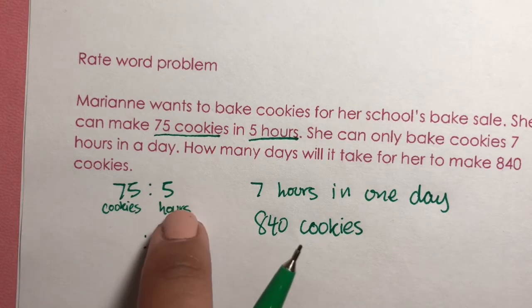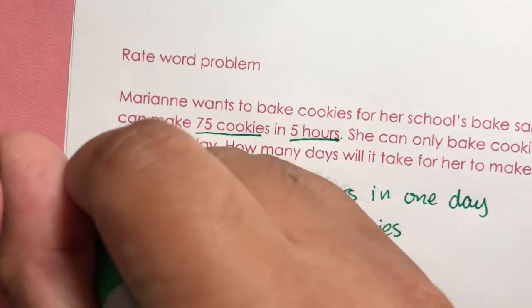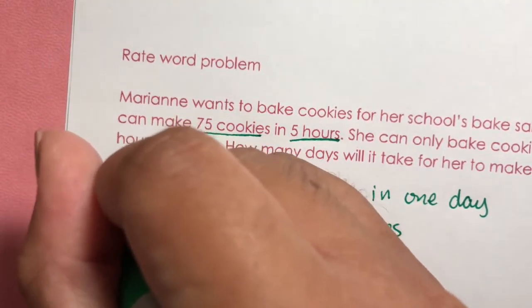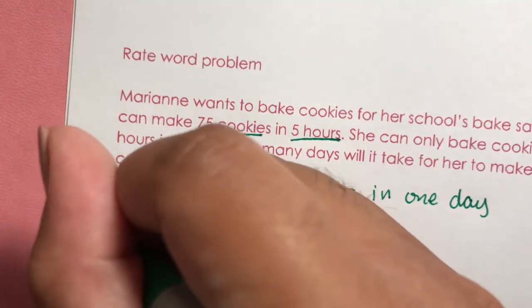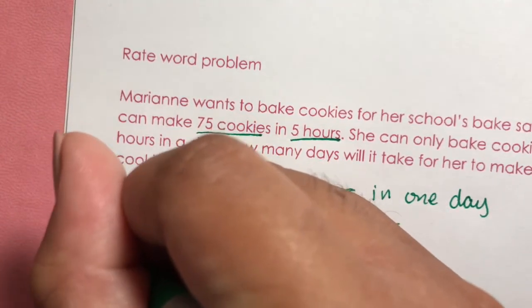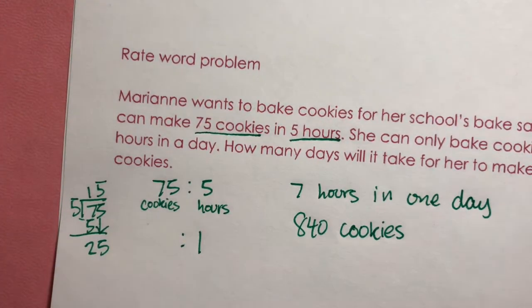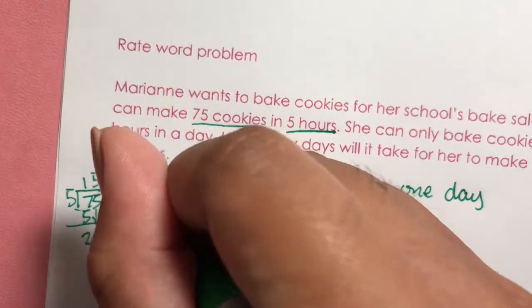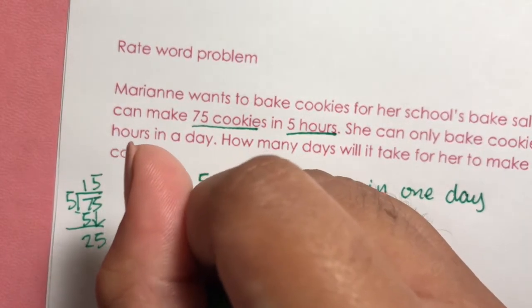So I'm going to do a quick division on the side here. 5 goes into 7 one time. 7 minus 5 is 2. Bring down the 5. 5 goes into 25 5 times. So we figured out she can make 15 cookies in 1 hour.